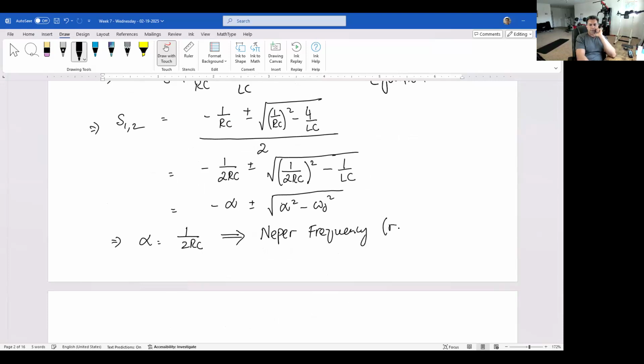Units are radian per second. And omega naught is 1 over the square root of LC, because omega naught squared is 1 over LC. And this is called the resonant frequency. Units again are radian per second.